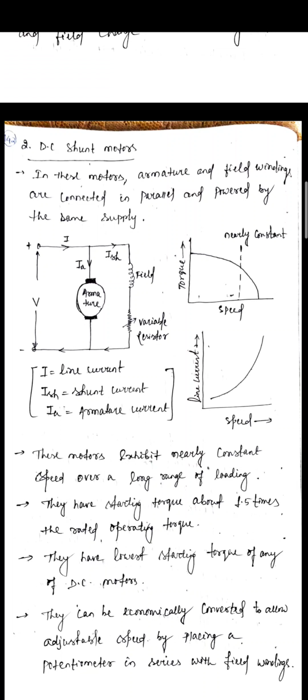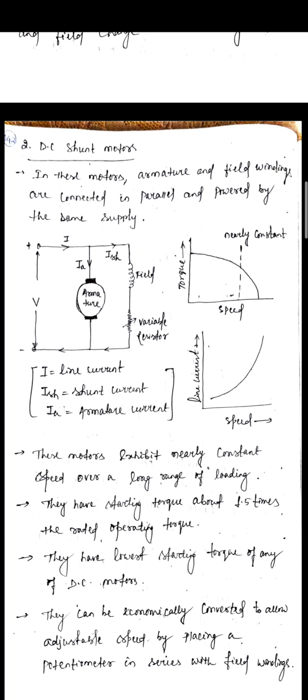The same supply voltage is given to the armature and the field winding. Suppose by the supply of V the line current is I. As it is a parallel connection, the current will divide into the armature circuit and the field connection. Let IA be the armature current passing through the armature, and ISH the shunt current passing through the field windings.